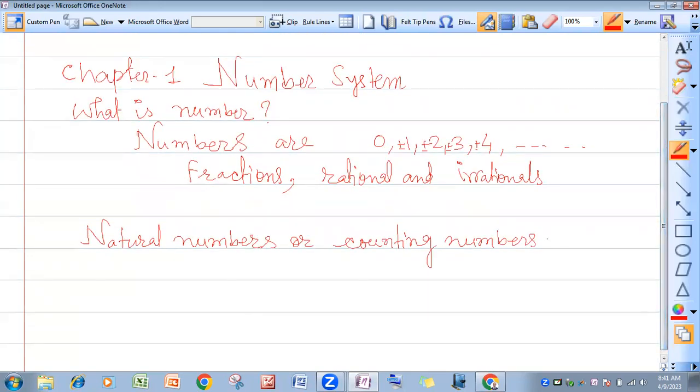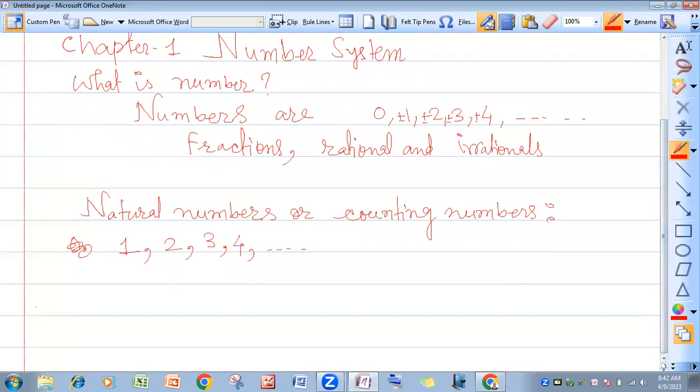Whenever we are counting, we start from 1, 2, 3, 4. This way we are continuing. Sometimes mathematicians say that these natural numbers are given by God only. So this 1, 2, 3, 4, dot dot infinity, these all numbers are called natural numbers.